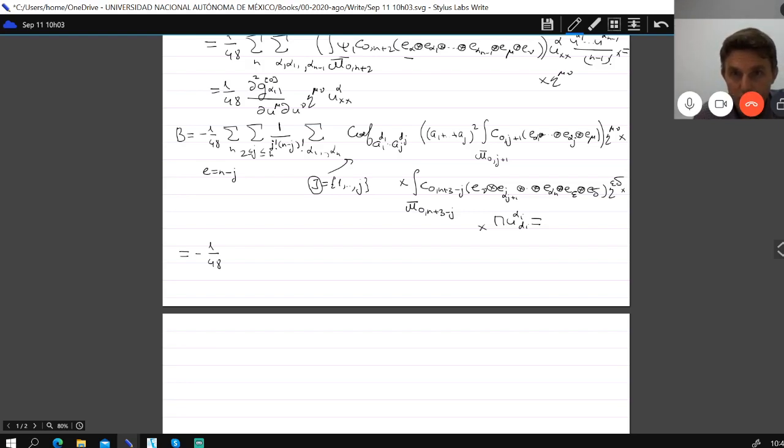How can you write it? This will be the product u alpha 1 d1 through u alpha j dj over j factorial, and then u alpha j plus 1 through u alpha n over n minus j factorial.